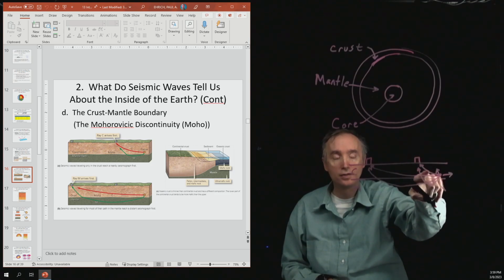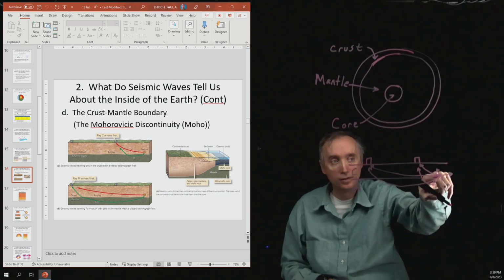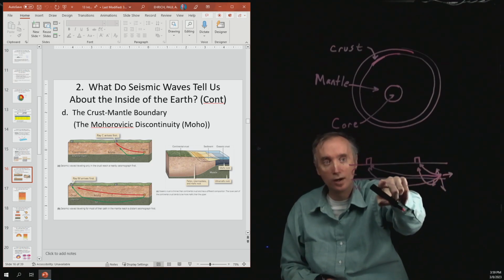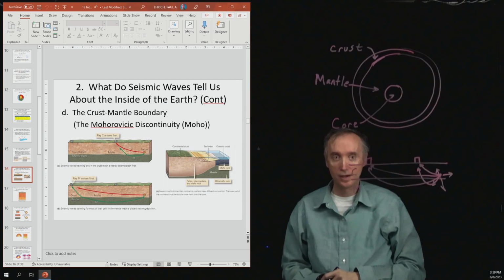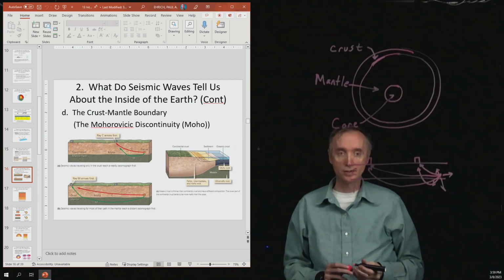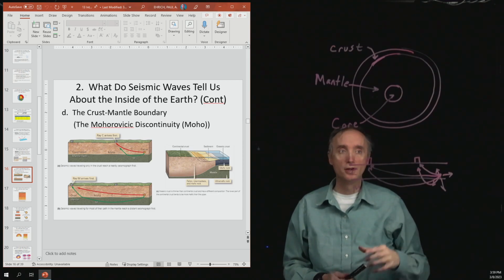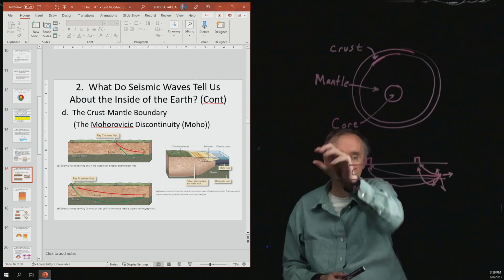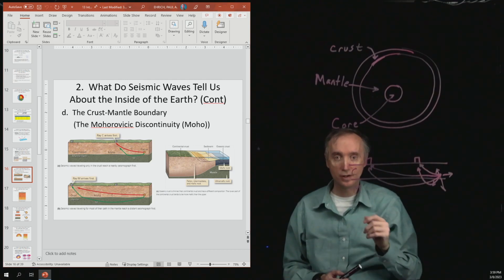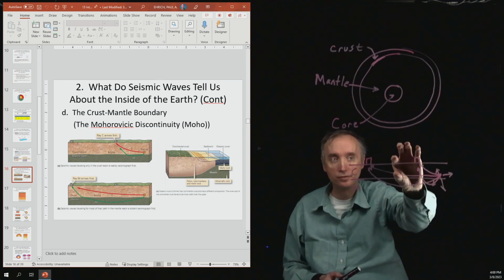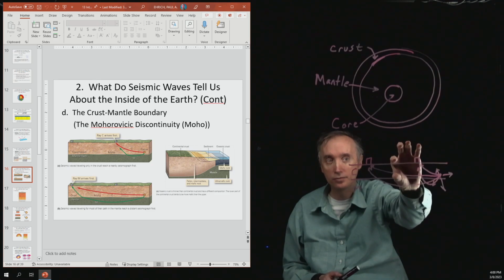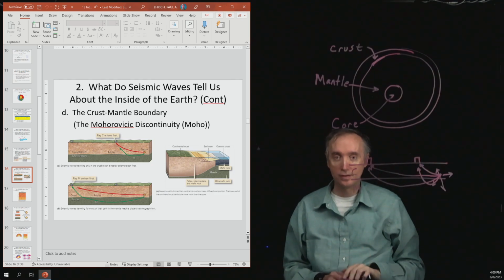And then the second time, these waves going this way are going to arrive first because they can travel faster through the mantle. And so this scientist was able to discover, by having multiple seismic stations and measuring the arrival times of these various kinds of waves, what the depth to the mantle was. And that turns out to be the Moho.